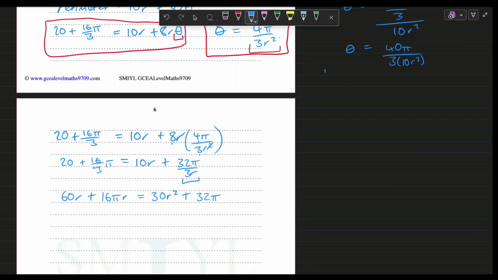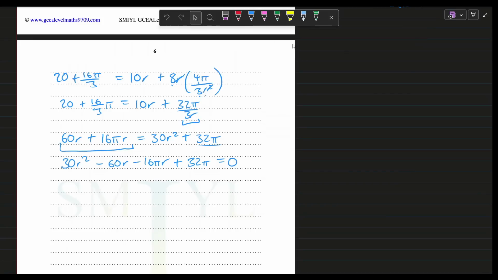Let's put everything on one side so that we've got 30r squared. Move both these terms to the right, so it becomes negative 60r, negative 16 pi r, and this is plus 32 pi. This is all equal to 0. And now I just want to factor out an r in these two middle terms, so that is 30r squared plus negative 60, negative 16 pi r plus 32 pi is equal to 0.